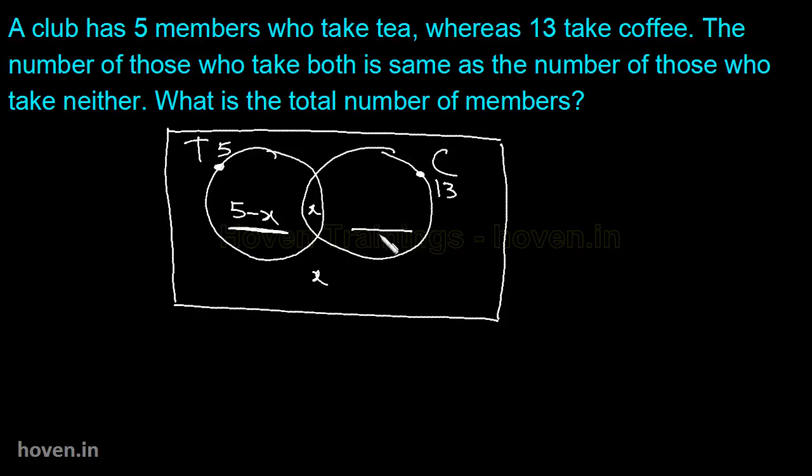So see those lectures, the notations I have already explained there. 13 minus X will leave me this part, so I'll write it here, 13 minus X. Now, the total would be this X plus this 5 minus X plus this X plus this 13 minus X. So let us write that total here. Start with this lower X. X plus 5 minus X plus X plus 13 minus X.